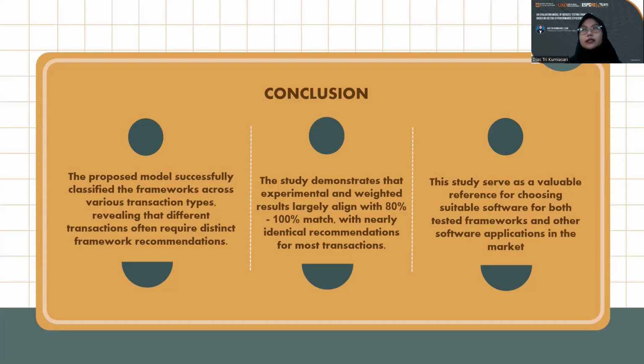The 18% is upload file, and it is just a small difference of value based on calculation. And the study serves as a valuable reference for choosing suitable software for both test frameworks and other software applications in the market.